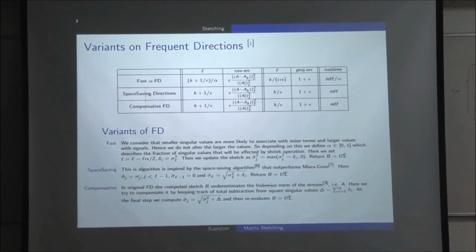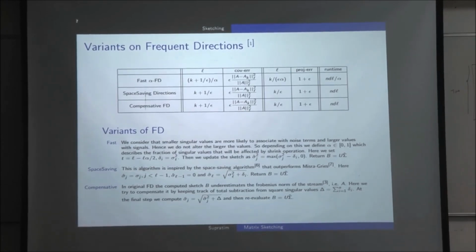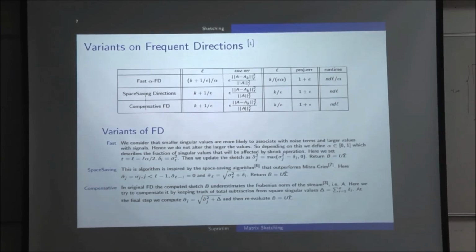And finally there is one more method, compensative frequent directions. Over here, till now we have seen that in the frequent directions method, in the shrink operation we are always deleting some portion of the orthogonal vectors. Because of that we end up getting some underestimation of the Frobenius norm of the stream.